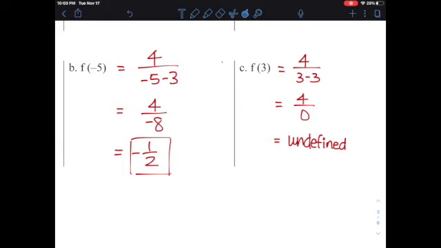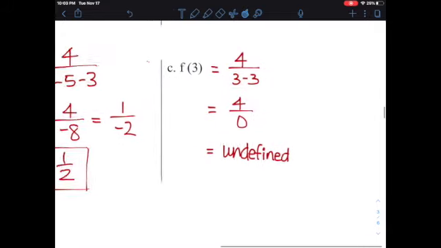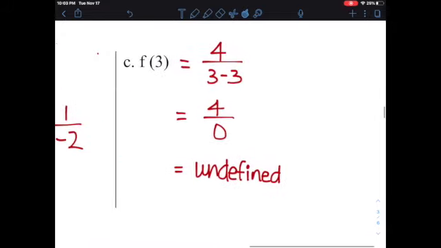It's like you're losing $5, you lose another $3. So that's -8. Now, notice if you reduce it, it really can be 1 over -2. But I can also write it with the negative sign in the middle, 1 over 2. That's okay, both ways. Now, 12C is a little tricky.